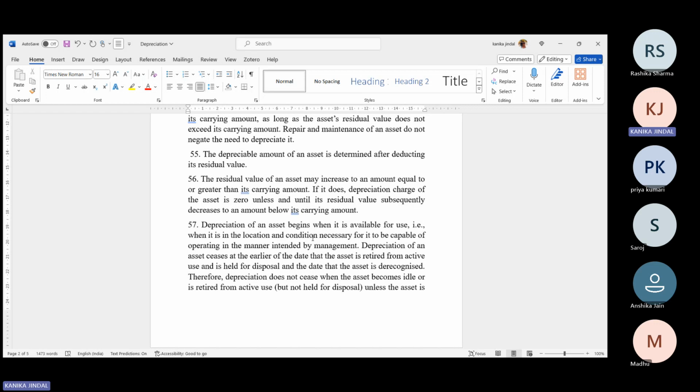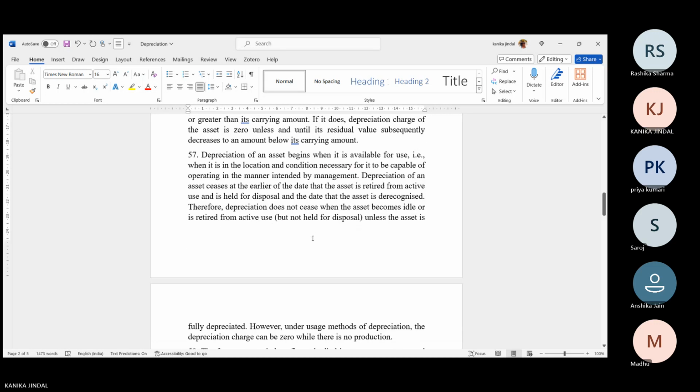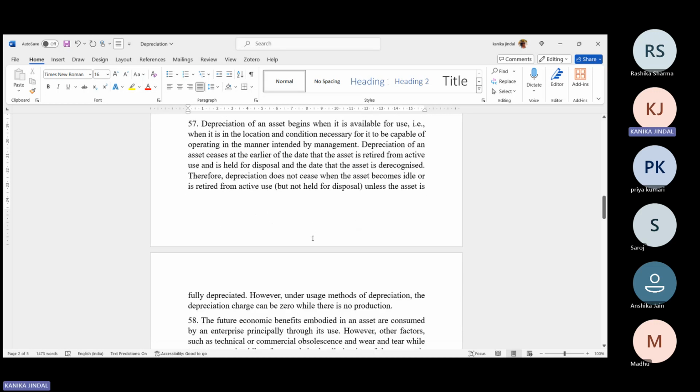Therefore, depreciation does not cease when the asset becomes idle or is retired from active use unless the asset is fully depreciated. जब तक वो fully depreciate नहीं होगा, तब तक वो asset idle नहीं होता.